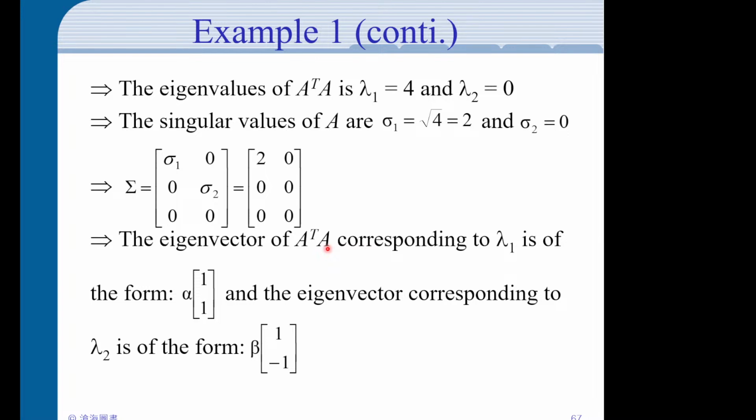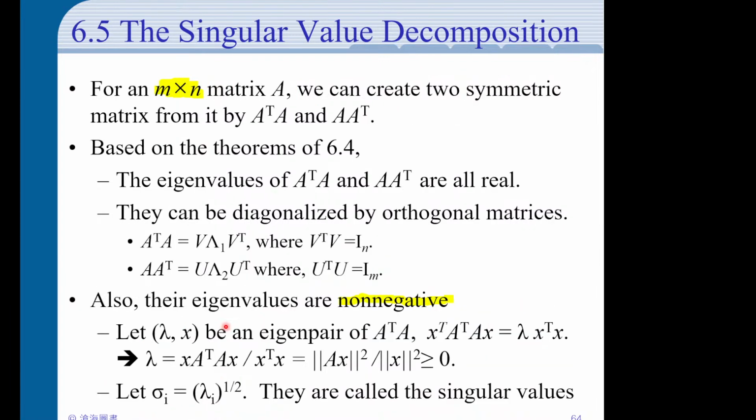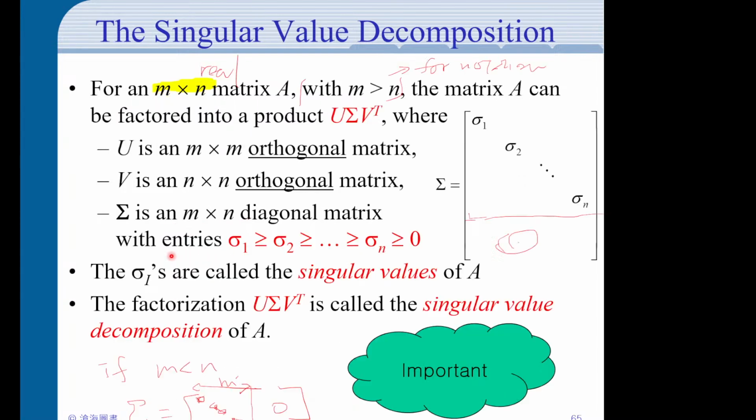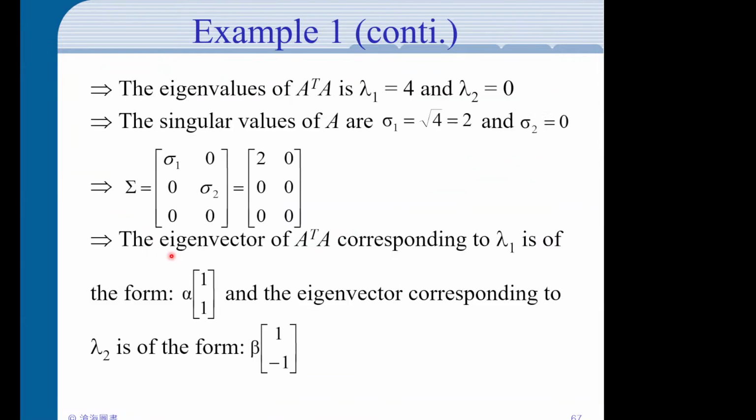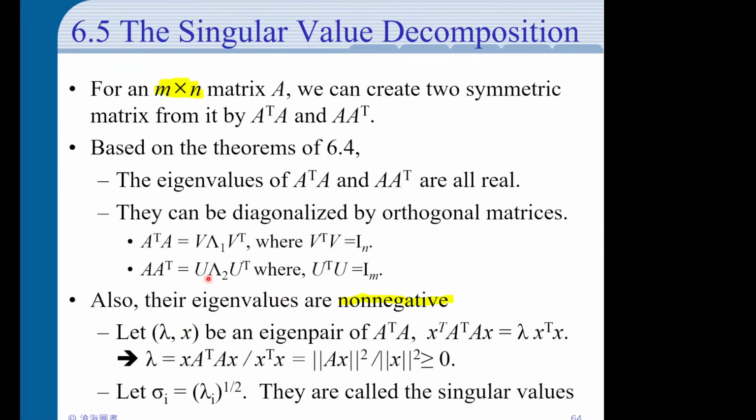Now it's a funny thing: how do we find U and VT? We claim that the U and the V are the U and the V of ATA and AAT.